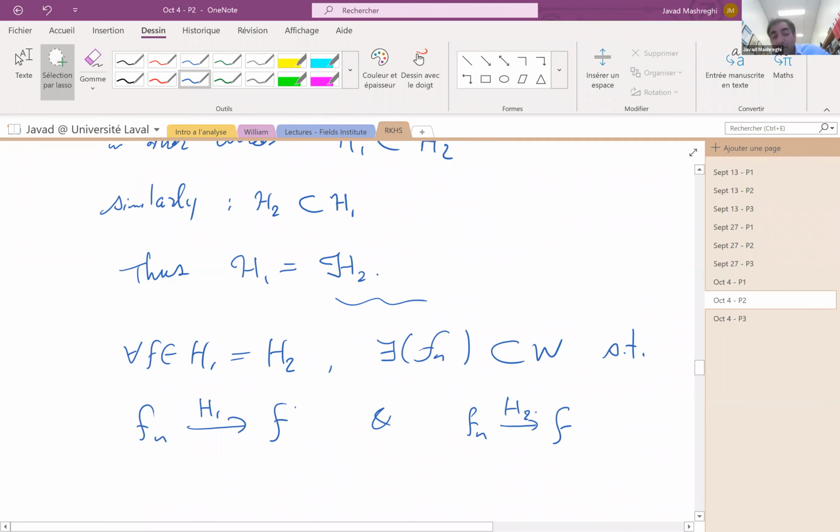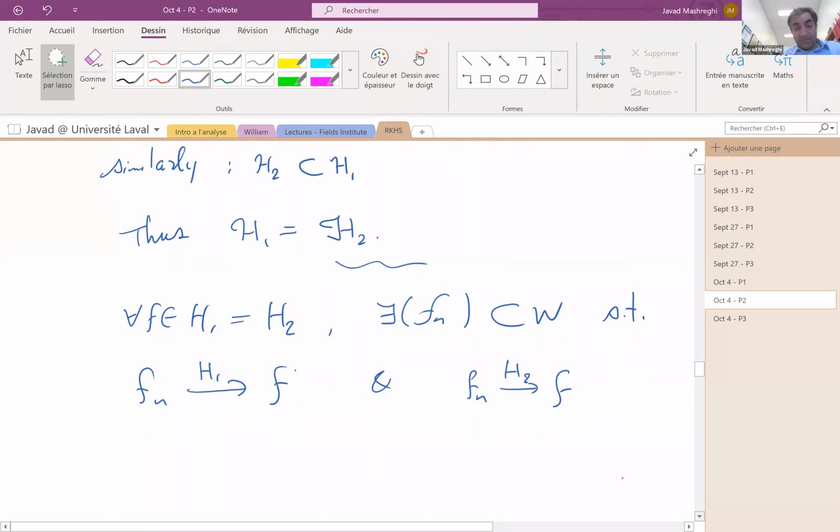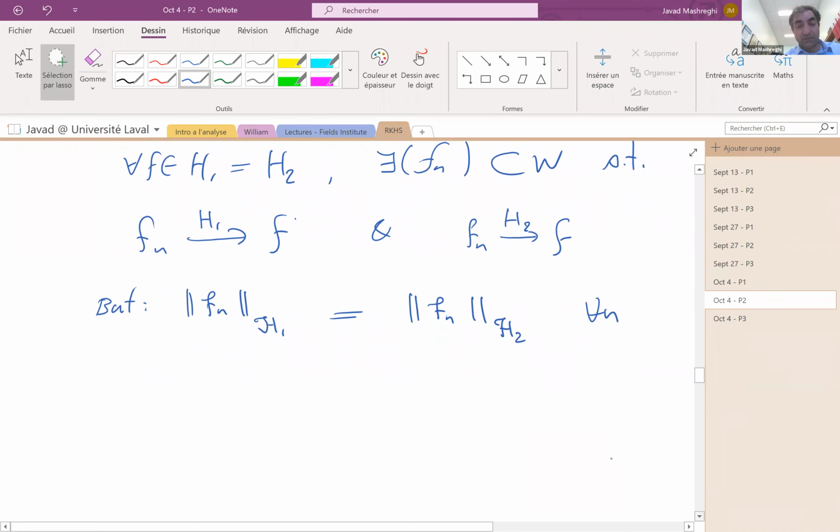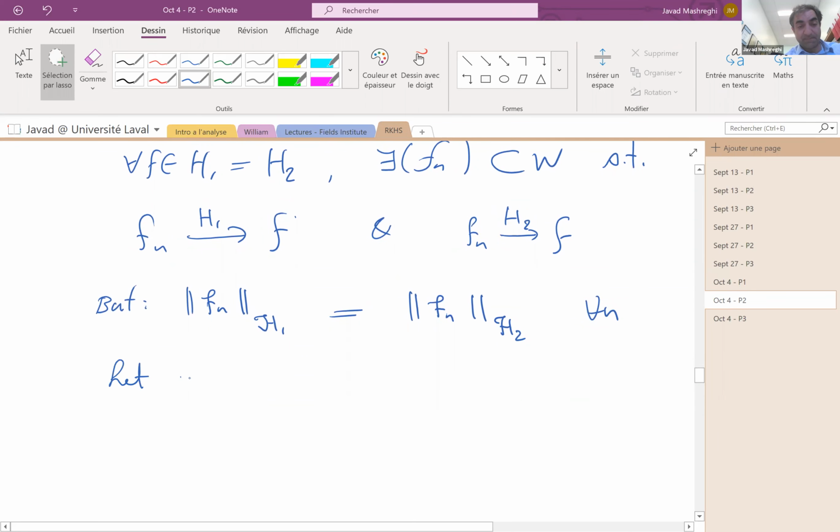We saw this above. And use the fact that the norm of Fn as an element of H1 is the same as the norm of Fn as an element of H2 for any n. Now you let n go to infinity. You obtain the norm of f as an element of H1 is equal to the norm of f as an element of H2.